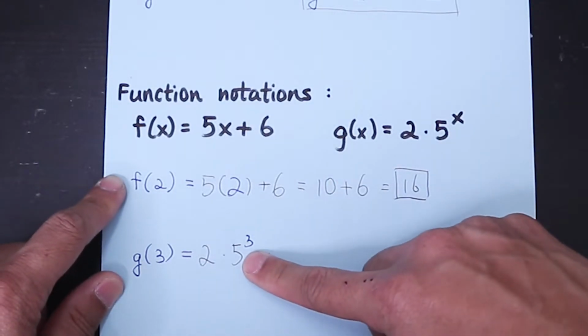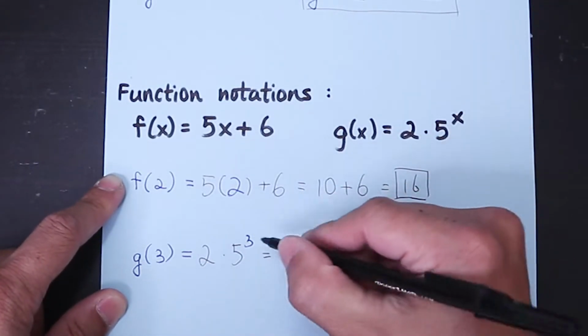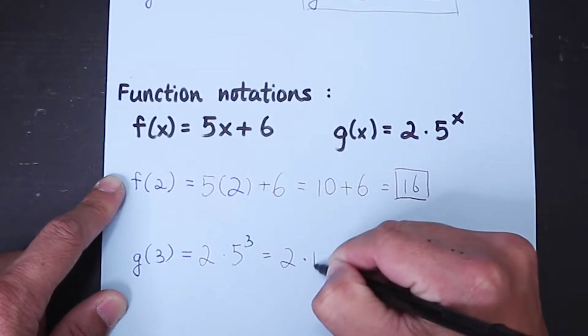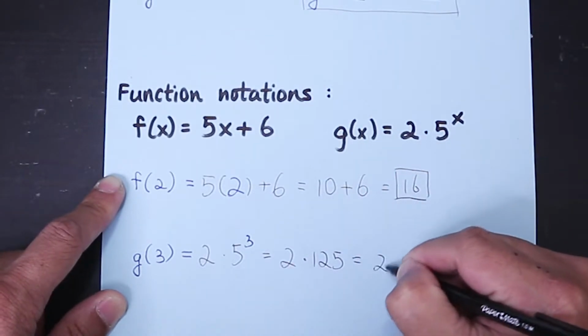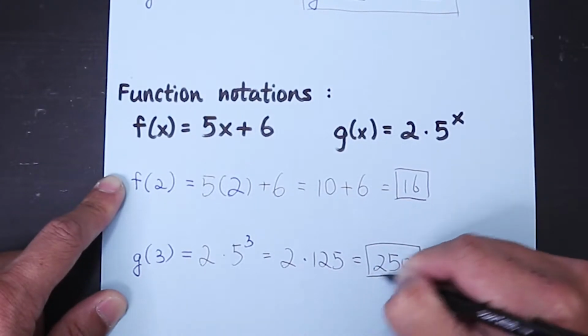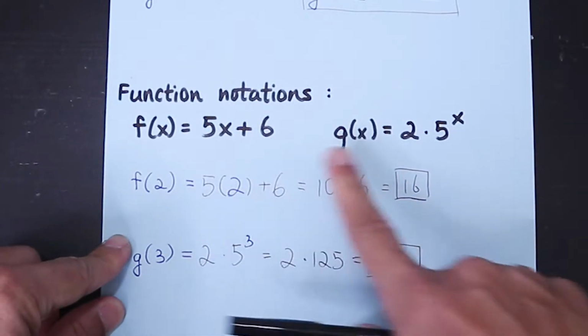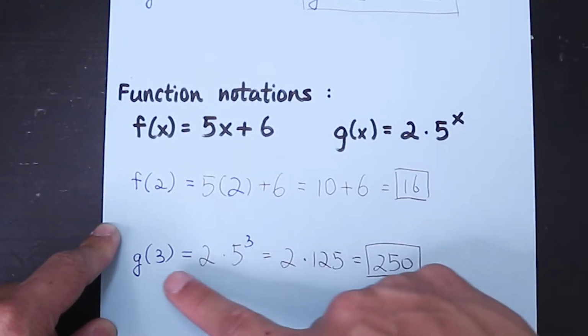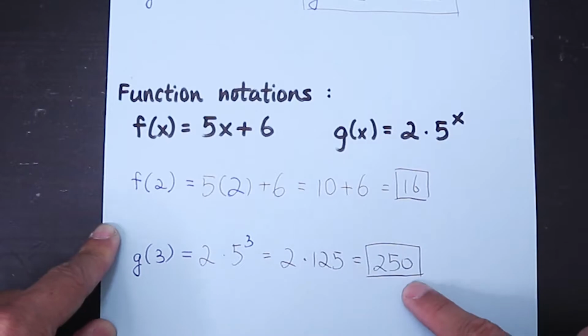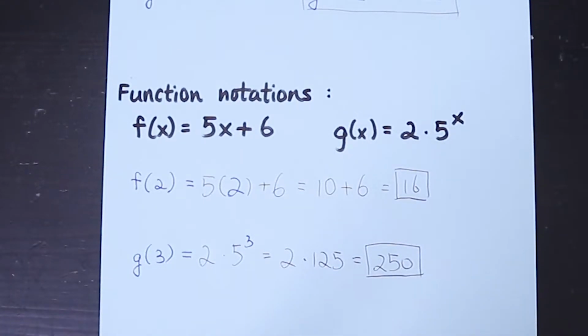So here you do 5 times 5 times 5, which, if you use a calculator, is 125. And 125 times 2 will become 250. That means when the input is 3 for g of x, the output is 250. Or, in other words, when x is 3, your y is 250.